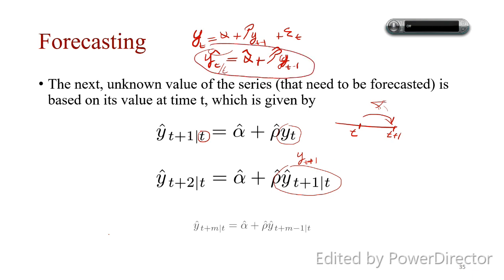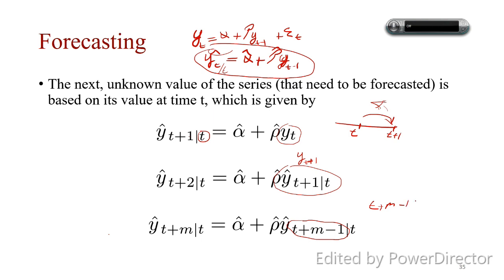If I continue doing this at time t, I don't know what this value is, which is some value greater than t. I'm assuming that t plus m minus 1 is some value greater than t, and therefore I do not know it and have to estimate it. You see this hat, which stands for the estimate of y_{t+m-1}.